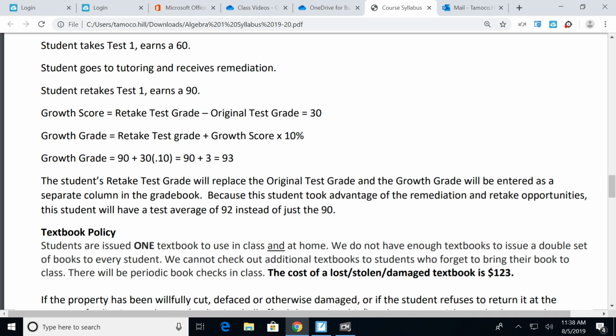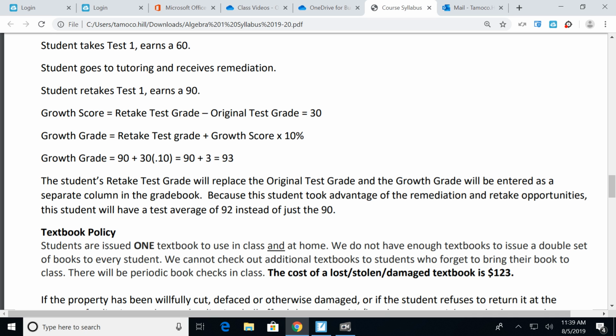So instead of that student having an average of 90 for test grades, that student now has an average of 92, because when you combine the 90 and the 93, you get a 92. So the growth grade does not hurt you. It only helps you if you take advantage of the retake policy.